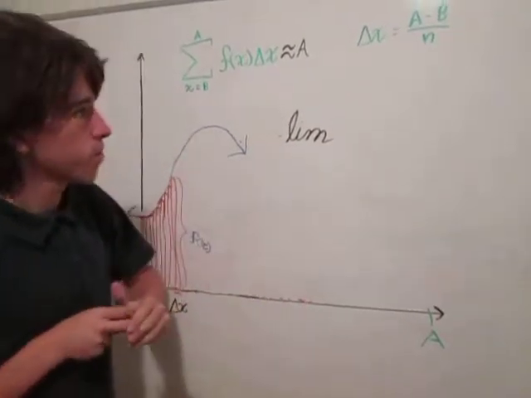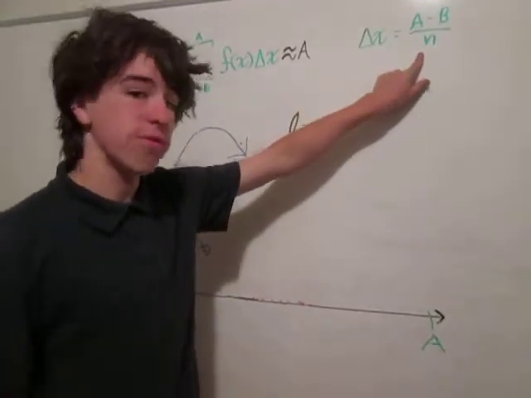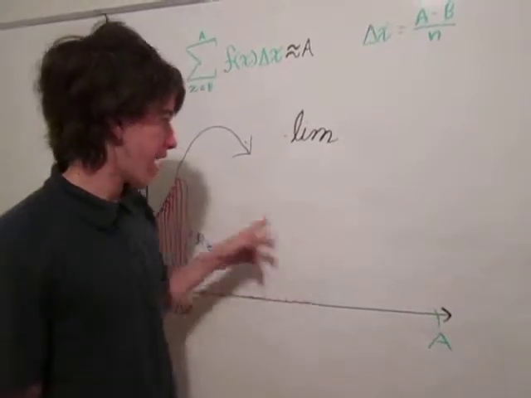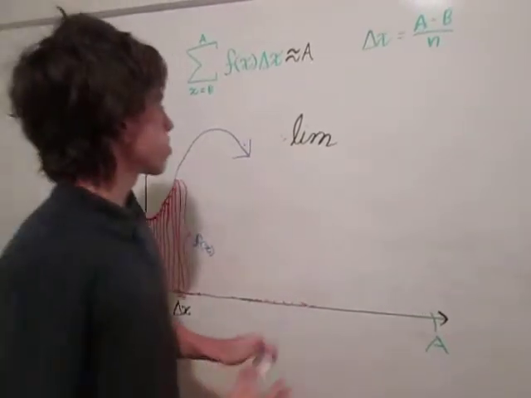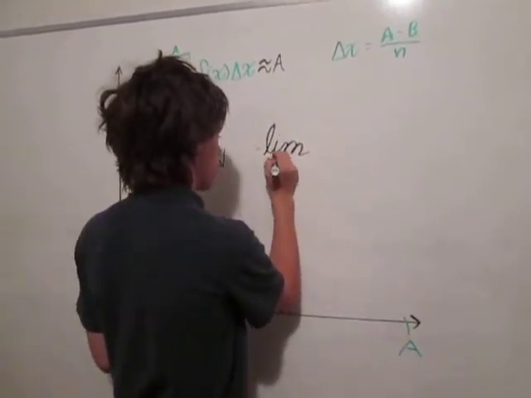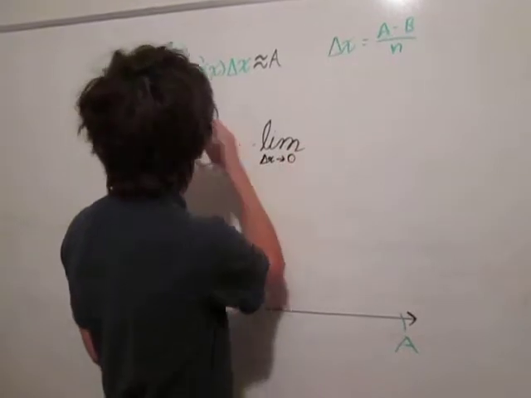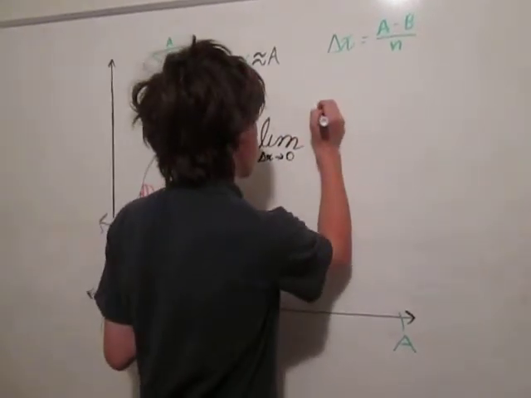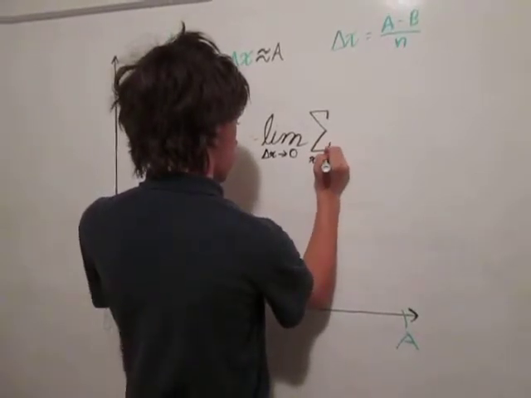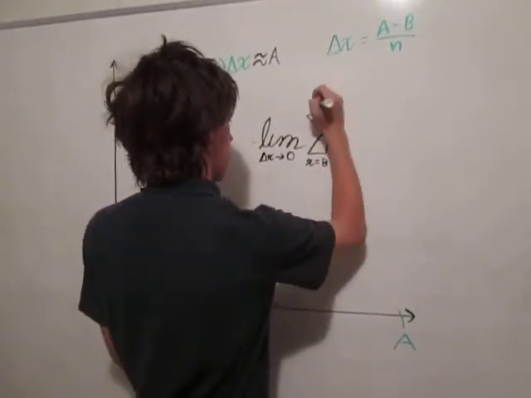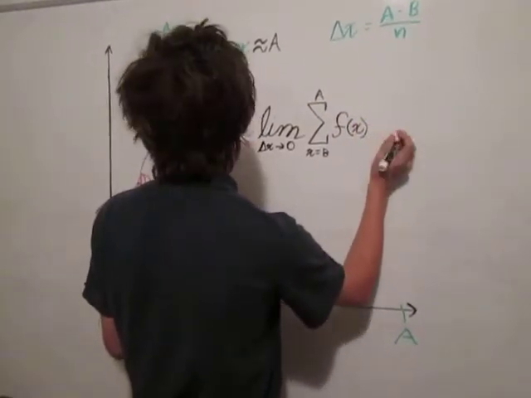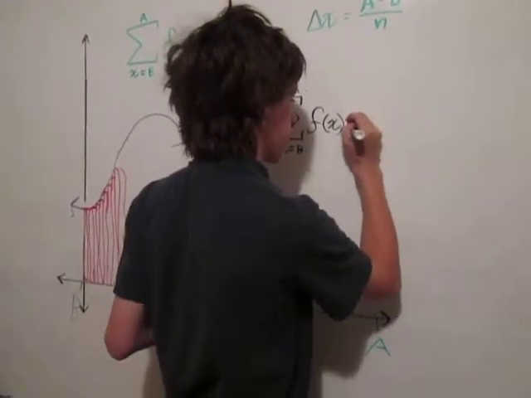Or as n goes to infinity, because we need an infinite number of those infinitesimal bits to actually get something. So we want the limit as delta x goes to 0 of the sum from x equals b to a of f of x times our delta x.